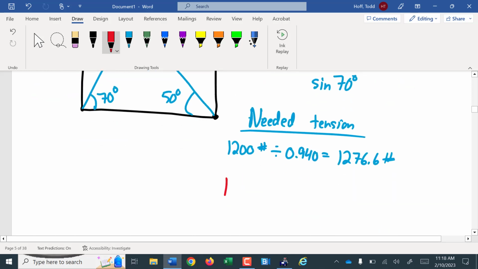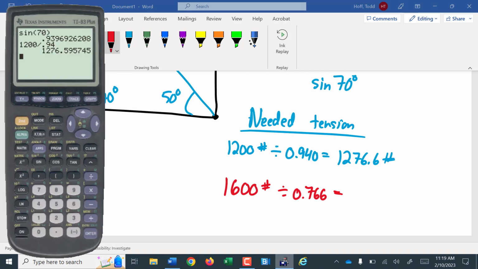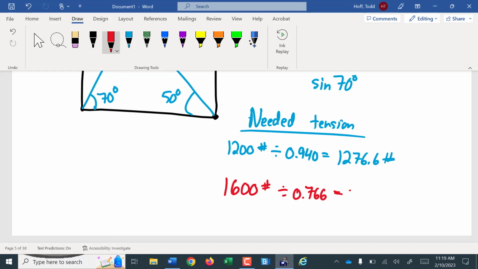The needed tension on that cable is 1,600 divided by 0.766, or 2,088.8. So that cable has to hold 2,088.8 pounds in order to support that 1,600 pound reaction.